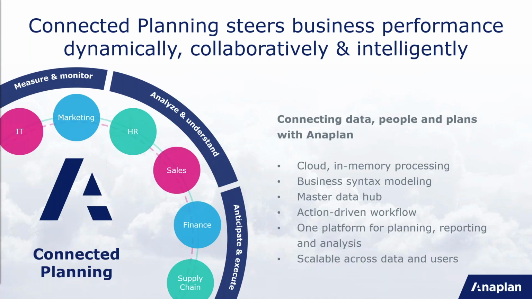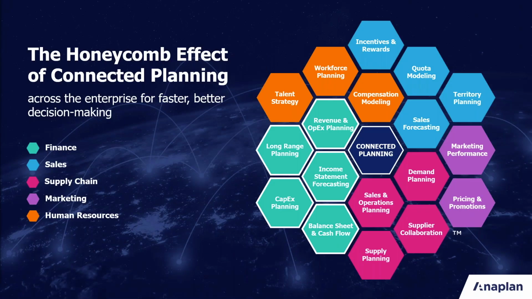Because of that, Anaplan is really easy to implement across a multitude of business processes like finance, sales, supply chain. And you can really get real collaboration between departments using this platform as the single source of truth and getting some transparency in your business processes.